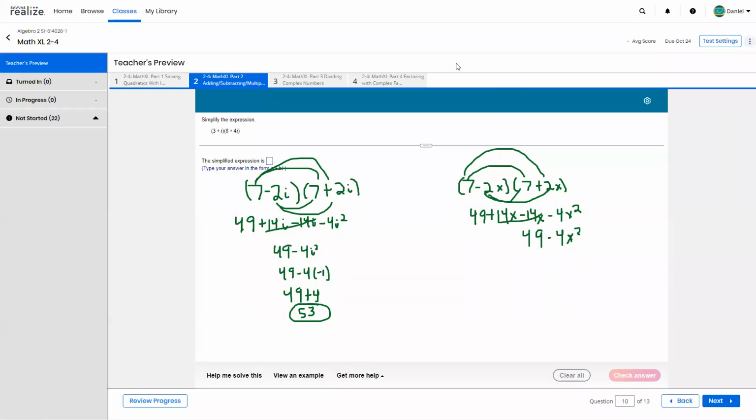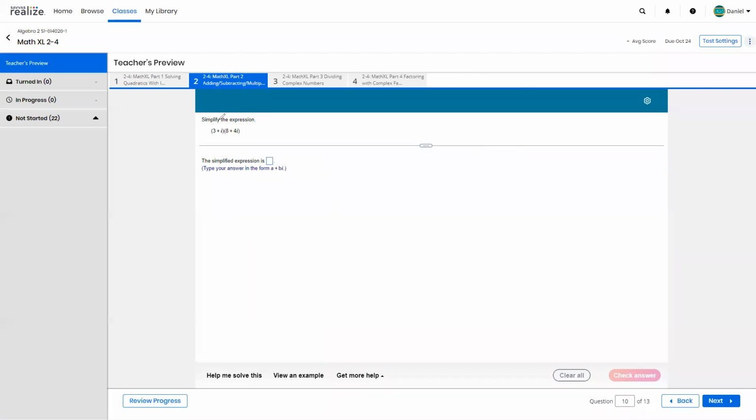Okay, let's look for one that'll give us a complex number. This one will give us a complex number, so let's try this one. If we distribute, 3 times 8 is 24. 3 times 4i is plus 12i. i times 8 is plus 8i. And then i times 4i is plus 4i squared.